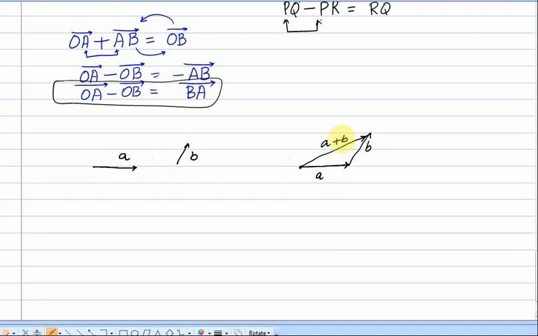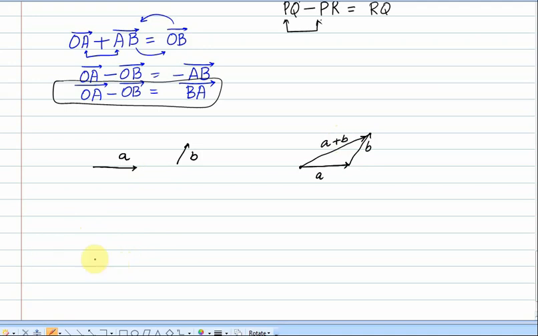That is the first method that I have told you, because I think it is very easy to find the resultant vector, right? Now the second method: let's suppose you have these two vectors A and B, and you need to add them.